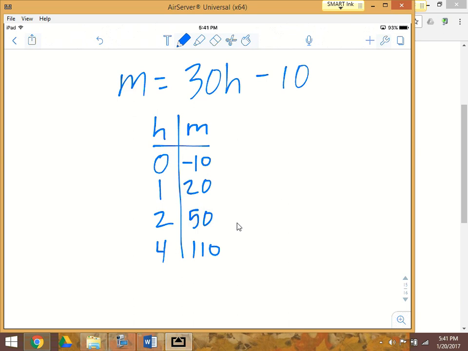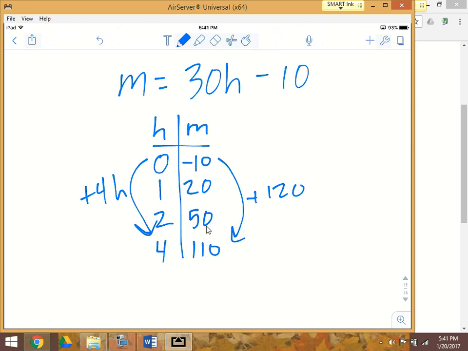Okay, so if I increase by 4 hours from here to here, that's plus 4 hours. What happened from here to here? Well, didn't I go up 120? Because I actually started at negative 10.